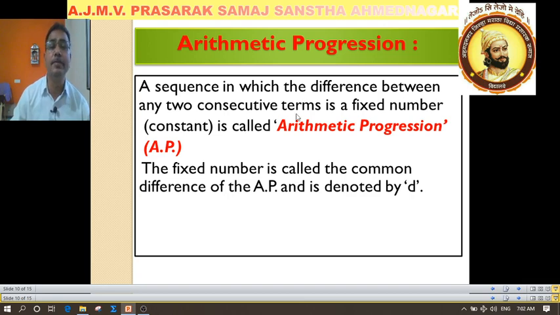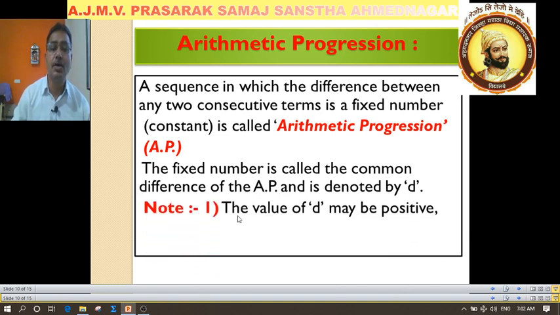This is the difference between any two consecutive terms. So this fixed number or constant number is called the common difference and is denoted by D. This value of D, that is the common difference, may be positive, may be negative, or 0.